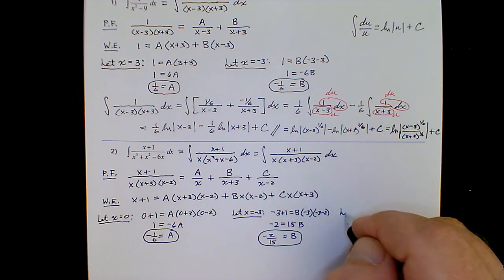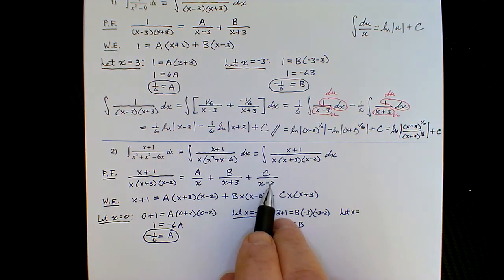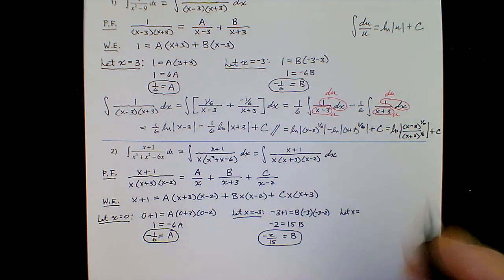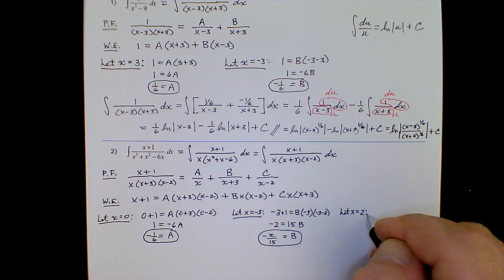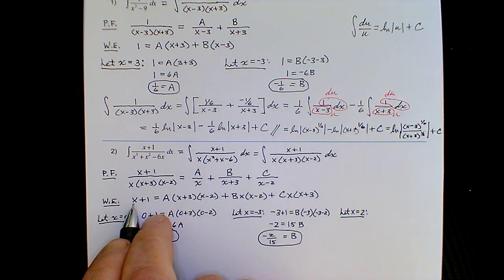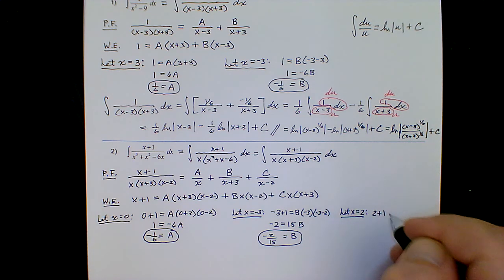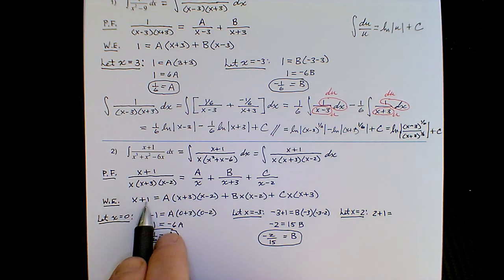And then finally, to solve for c, we can let x equal, again, look up here at the decomposition, force its denominator to be 0 by choosing x to be 2. And we should be able to solve for c. Again, don't forget on the left, in the working equation, substitute in x is 2 plus 1.